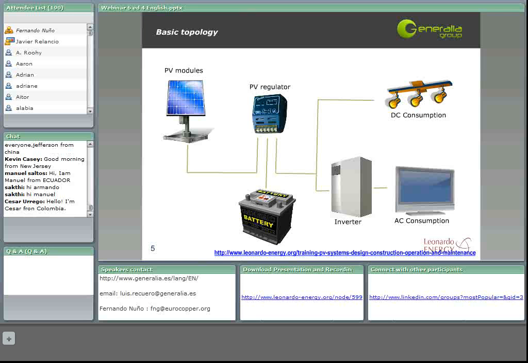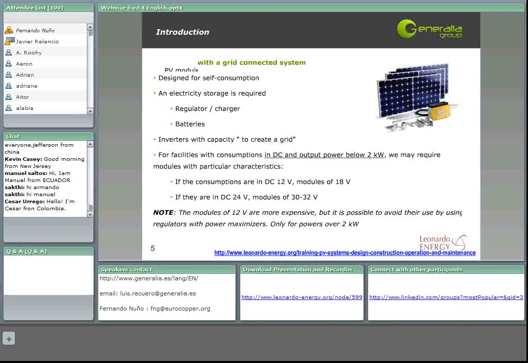So, during the next slides, we will talk about the main differences between a standalone facility and a grid-connected one. There are three concepts that we have to keep in mind for making the difference between both types of facility. First, in this kind of facility an electricity storage is required, as our plant will not be connected to the grid, and it must be designed to supply energy 24/7.